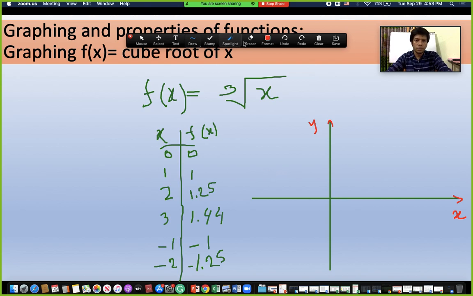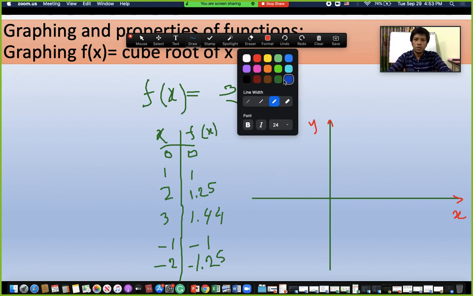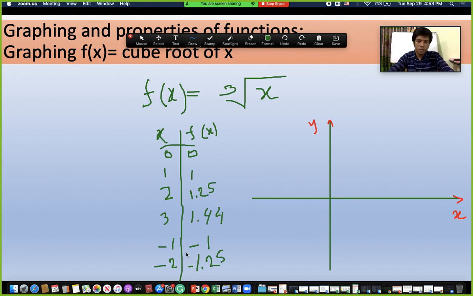Just to make things clear, let me give some extra large values so that you understand the final shape of the graph and where it will go. Suppose we put here, let's say, 8. If we put 8, the cube root of 8 means 2.